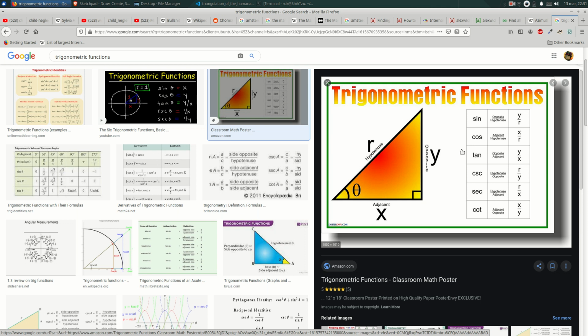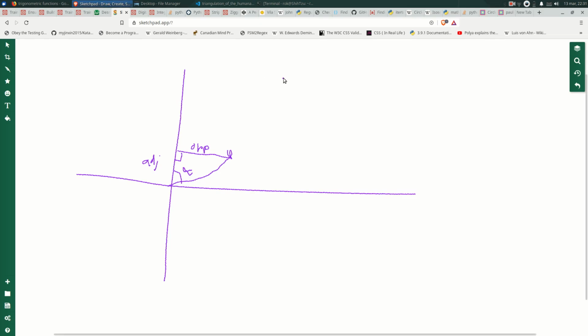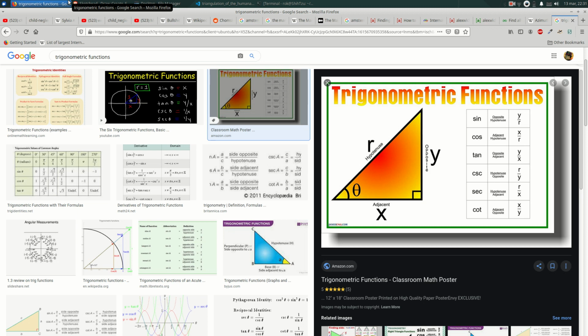So we do opposite, the length of course, divided by adjacent. That is, not should be, is. I guess in math we have to say is, because we believe whatever was discovered up until that point.